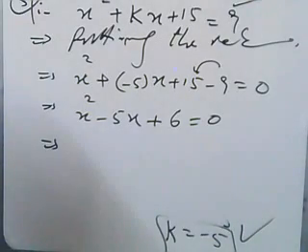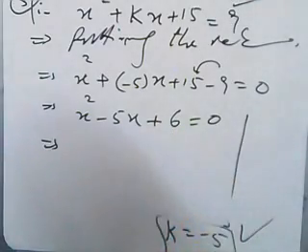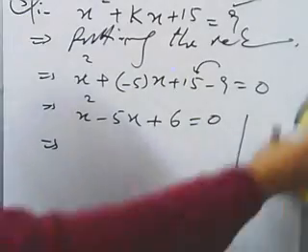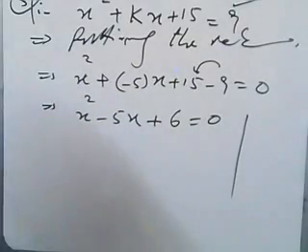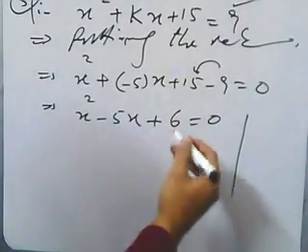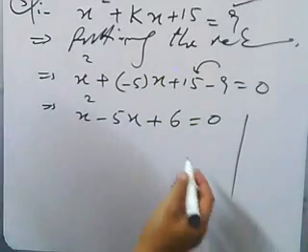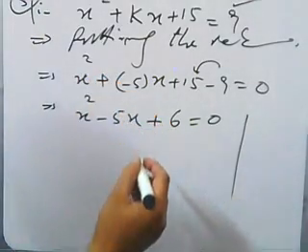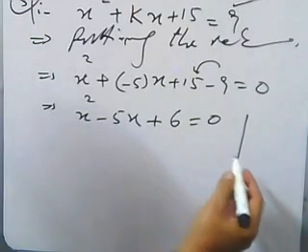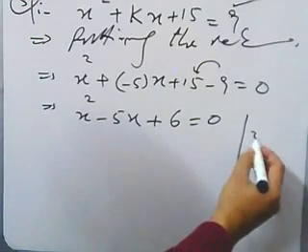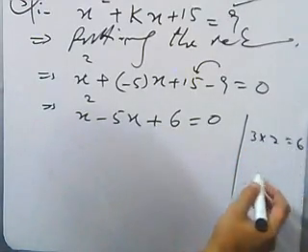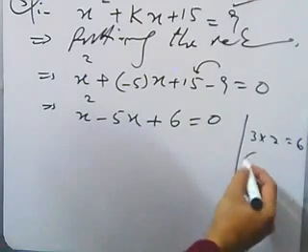So it is clear from this equation that we have to make the factors. 3 2s are 6. We have different factors, that is 3 2s are 6 and 6 1s are 6.